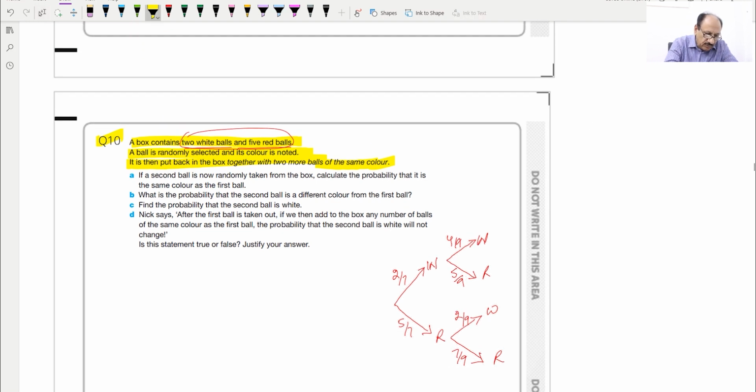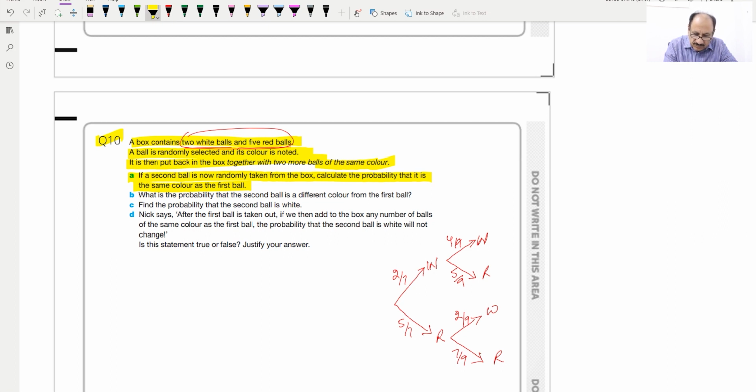Now next part of the question, A part. If a second ball is now randomly taken from the box, calculate the probability that it is the same color as the first ball.